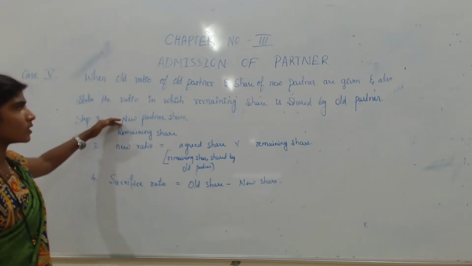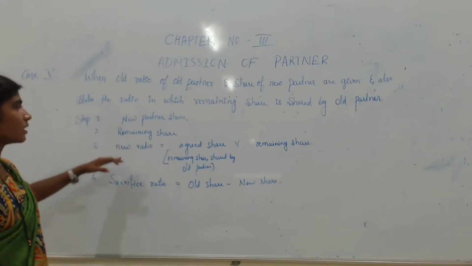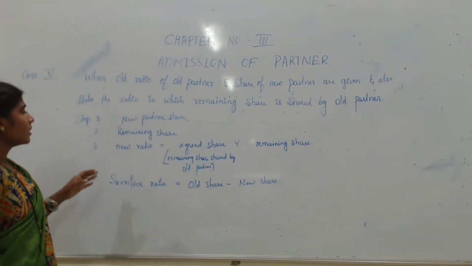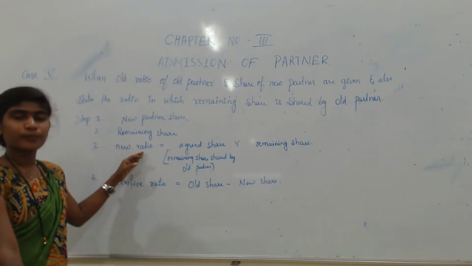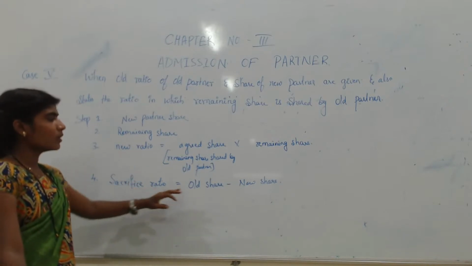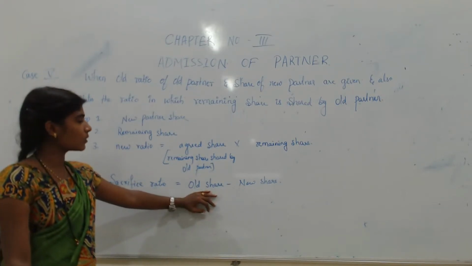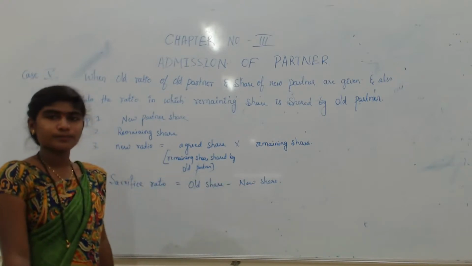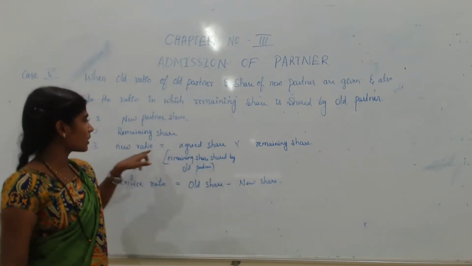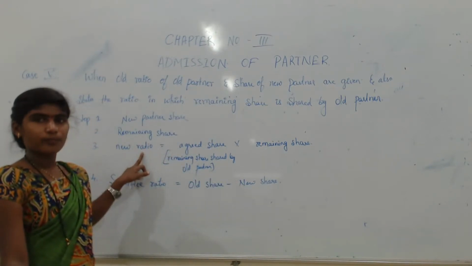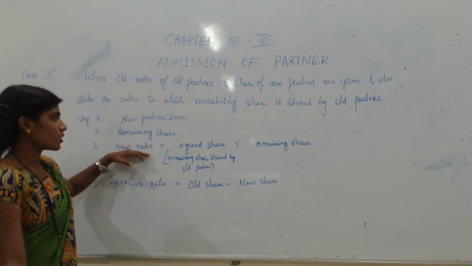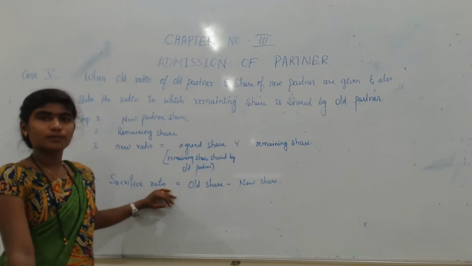First, the new partner share, then the remaining share, then calculating the new ratio. After getting the new ratio, you can calculate the sacrifice ratio with a simple formula: old share minus new share. The old share is already in your question, and the new share you calculated in step 3.